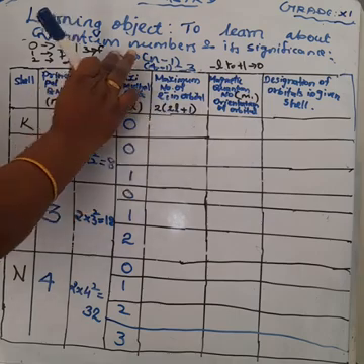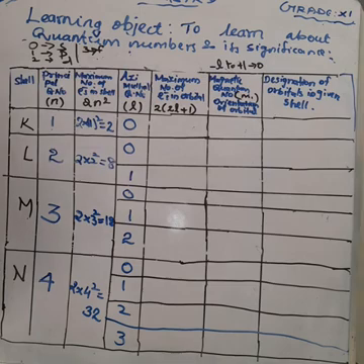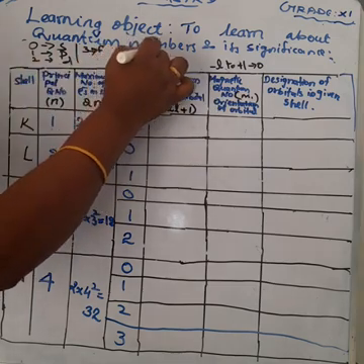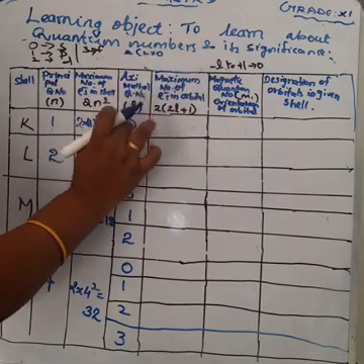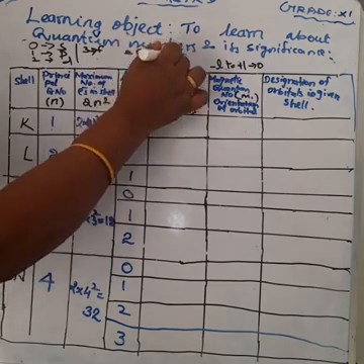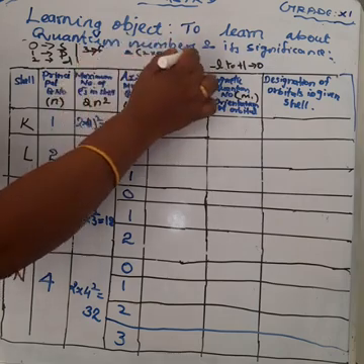So for the S orbital, l value is 0. So 2 into (2 times 0 plus 1) is 2 into 1, which is 2.